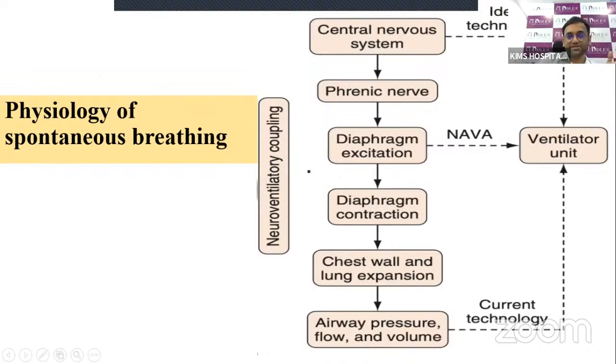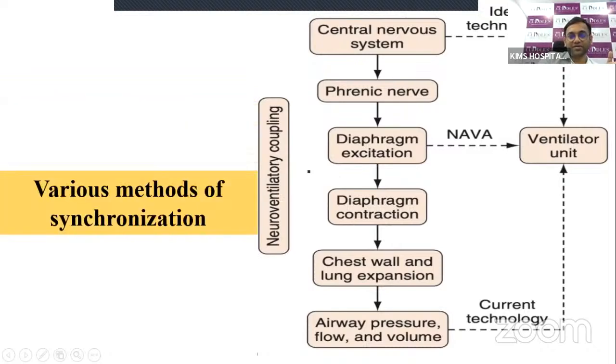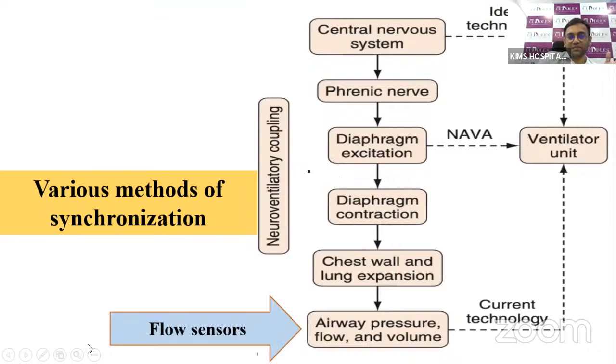In the case of mechanical ventilation or non-invasive ventilation, we want to synchronize the breath that is being provided by the ventilator. Conventionally, we use flow sensors, which detect based upon the flow, or pneumotachometers, which detect the pressure.